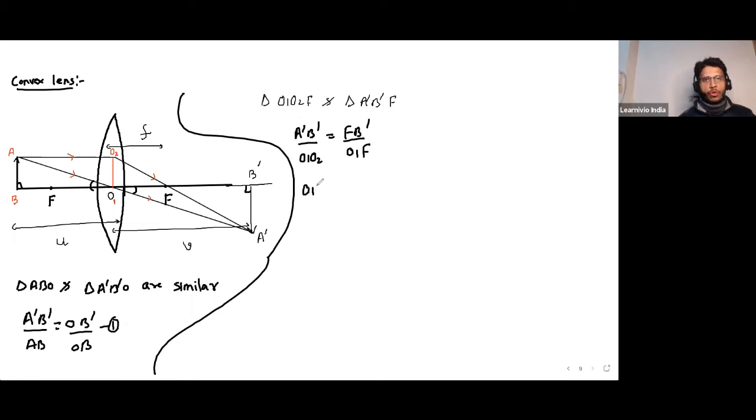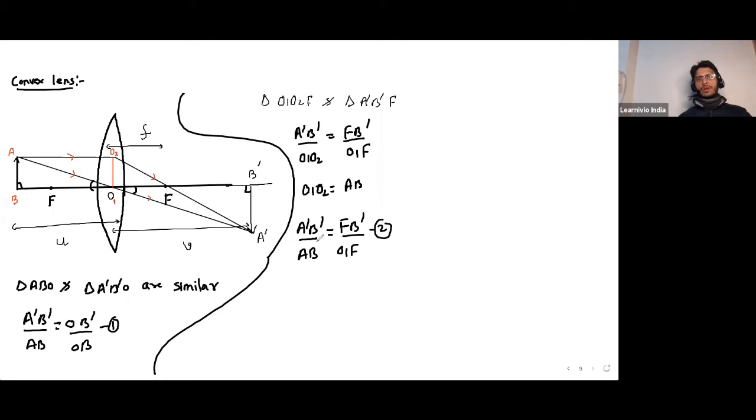Now see, O1 O2 is equal to AB. If I substitute it here, you have A prime B prime divided by AB is FB prime divided by O1F. That's equation number 2.